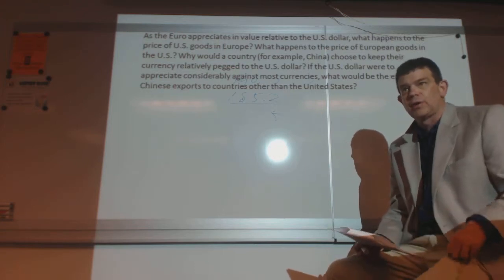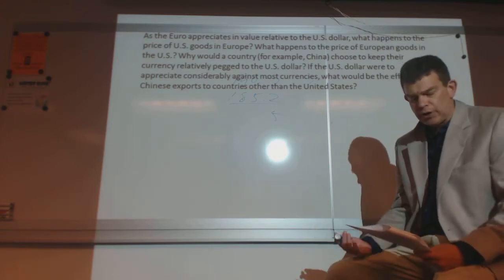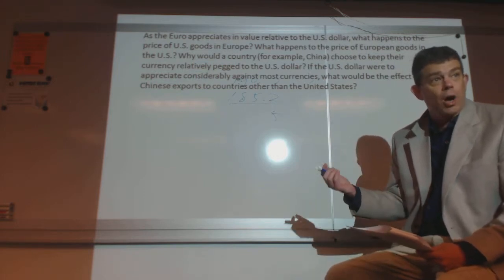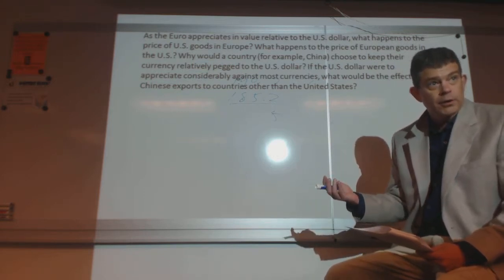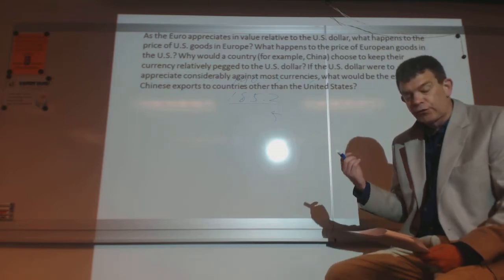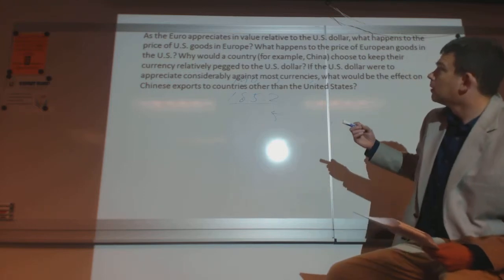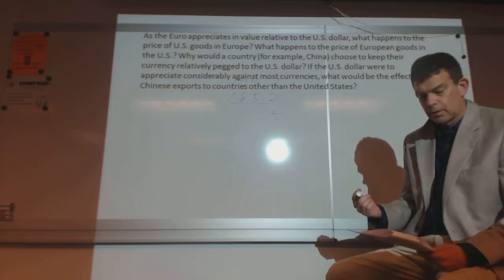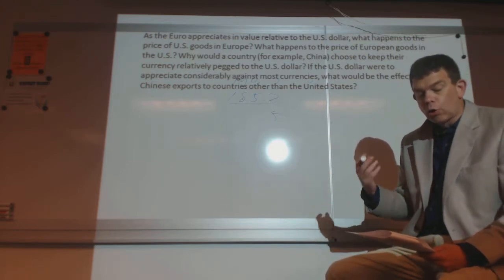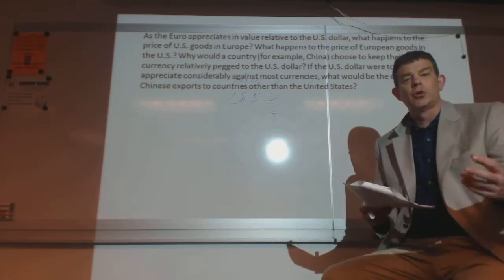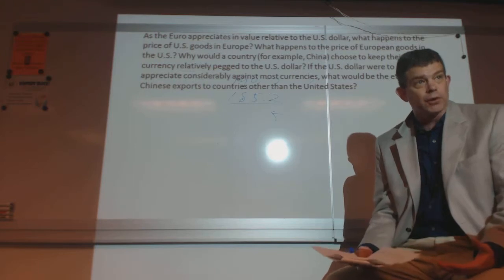So in this case, if the dollar appreciates, it would take fewer euros to buy a dollar, wouldn't it? Because if it takes fewer euros, the euro can buy more US goods. But again, when you buy goods, we don't just exchange goods. In order to do that, we have to exchange money first.